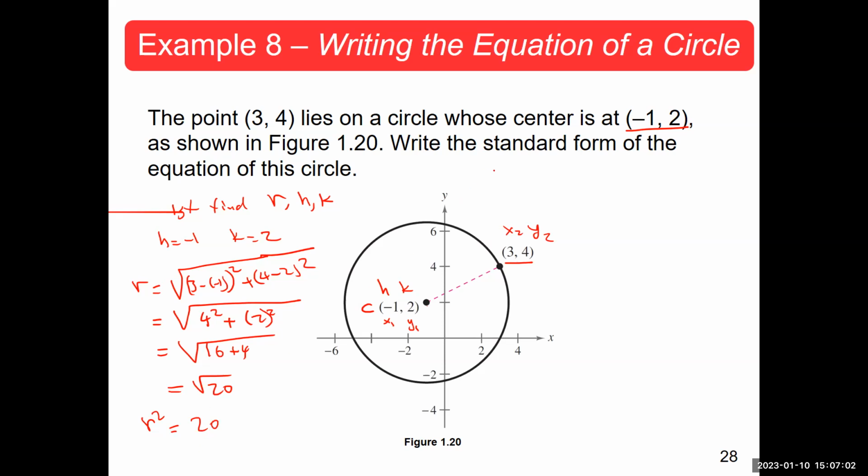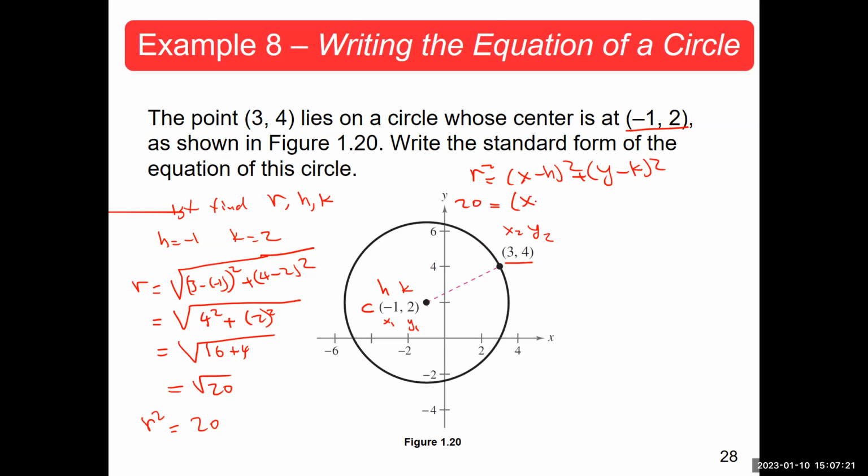So what's the equation? Remember, the equation is R square equals X minus H square plus Y minus K square. Well, let's plug in. How much is R square? R square is 20 equal.